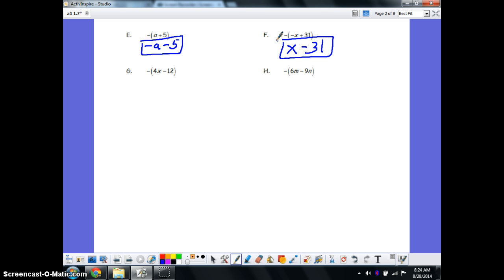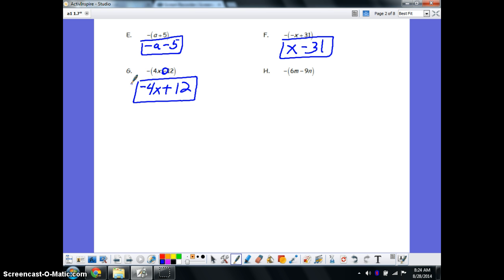For G, negative times 4x, negative 1 times 4x is negative 4x. Negative 1 times a negative 12, that minus in front means a negative. So negative 1 times negative 12 is positive 12.